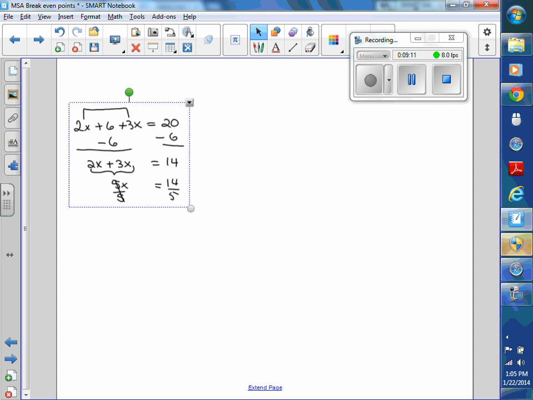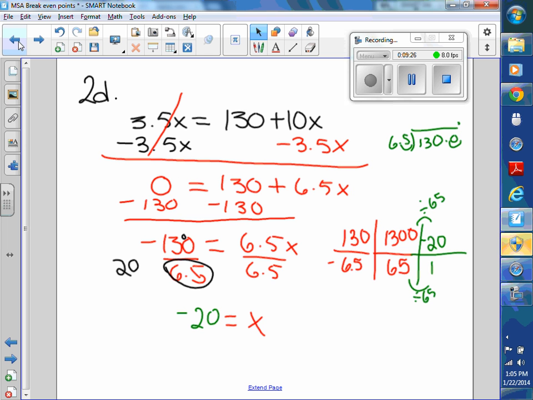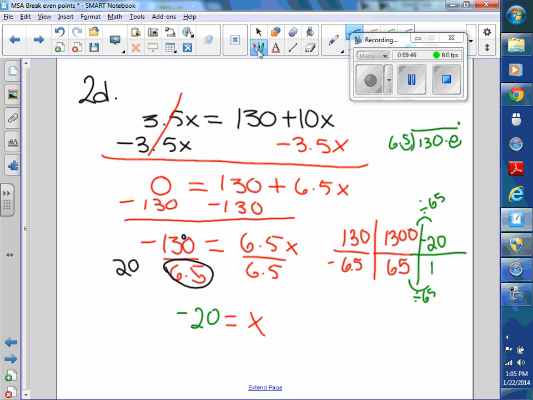As far as variables on both sides, I think this is about as difficult as we're looking at. If you're subtracting 3.5x, could you subtract that from 130, or do you have to? No, it has to be the x's from the x's. If you're not subtracting x, then the numbers from the numbers. This is a variable term. Variables from variables, x's from x's.